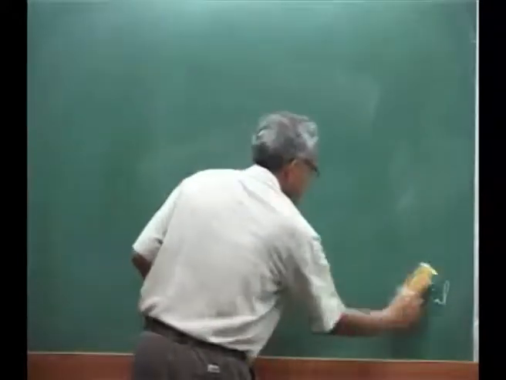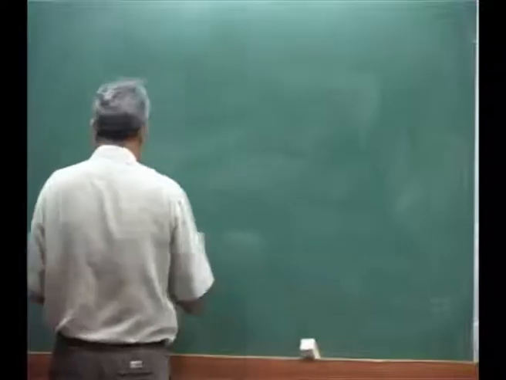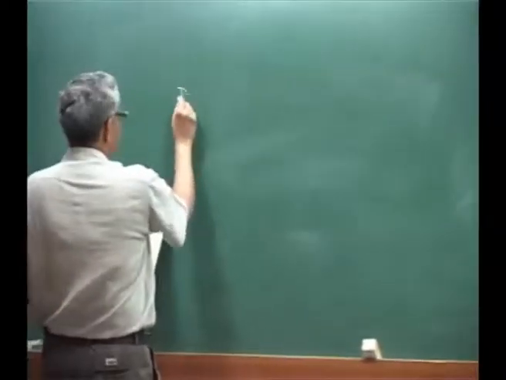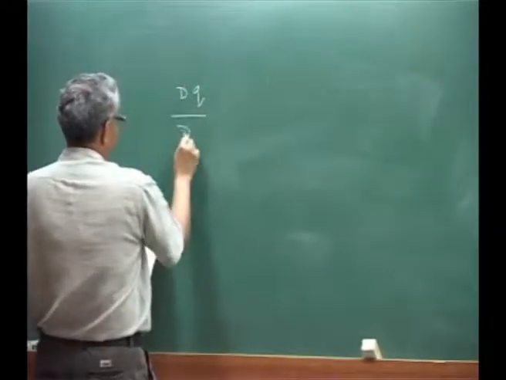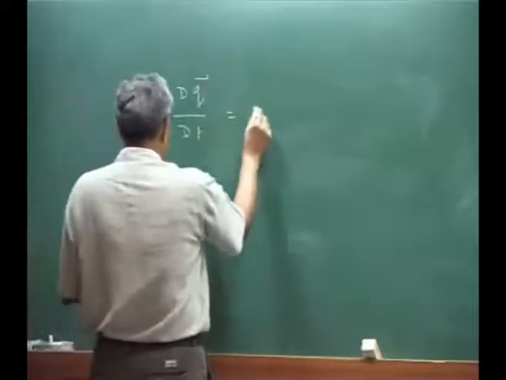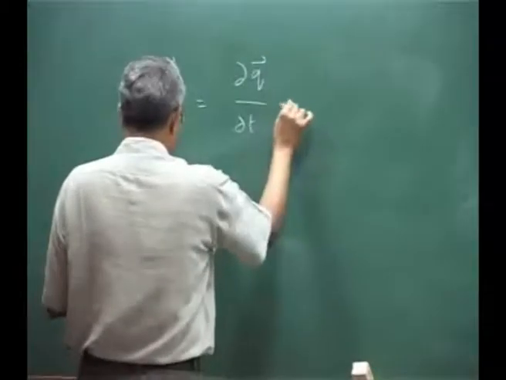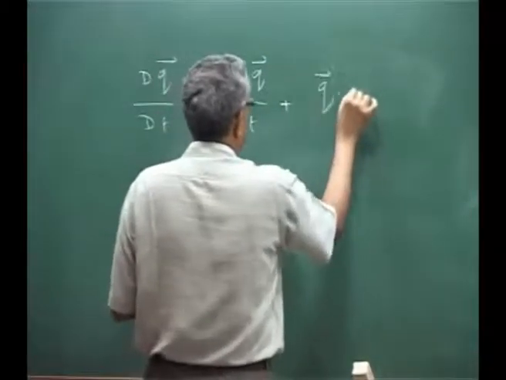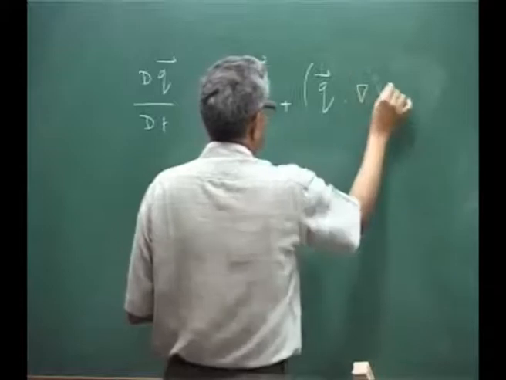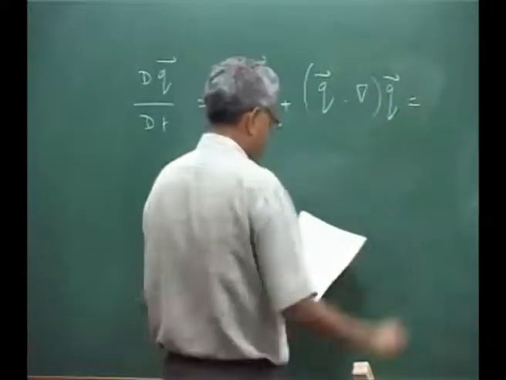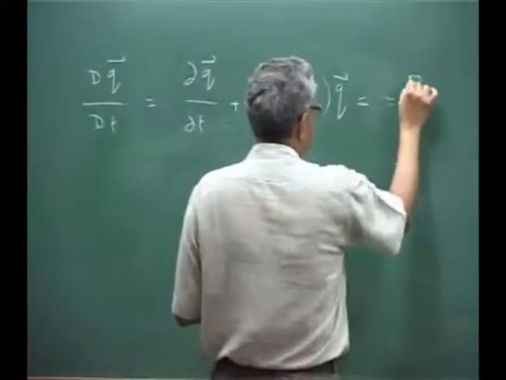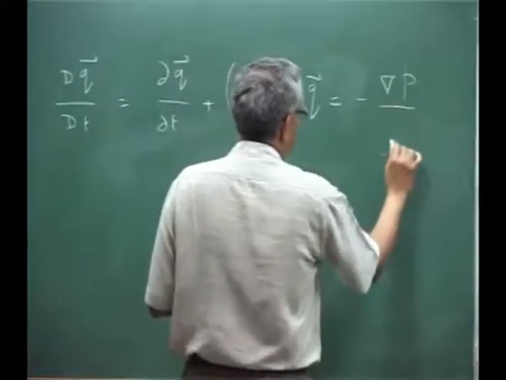There are some relationships which we first get. You know that this is your momentum equation: delta q over delta t plus q dot del q is minus delta p over rho.